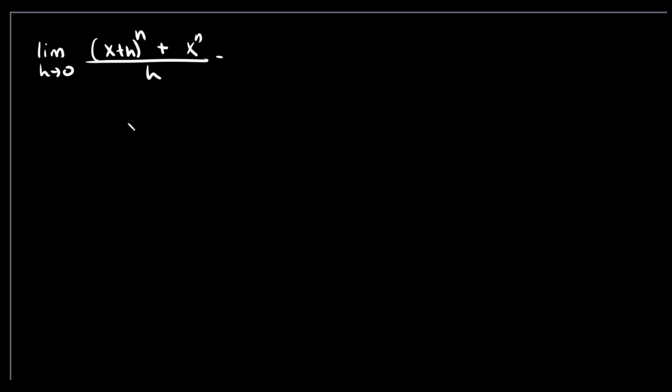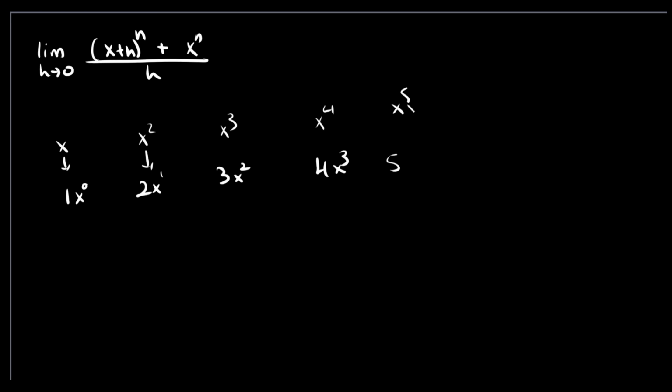What is it giving me? So we found out that for x, if I take my limit, I'm getting 1. I just put x to the power of 0 giving me 1, still doesn't change anything. X to the power of 2 gives me 2x, which is x to the power of 1. X to the power of 3 gives me 3x to the power of 2. You see, this one is always one step behind. So if I take x to the power of 4, I'm going to get 4x to the power of 3. And if I take x to the power of 5, I'm going to get 5x to the power of 4.